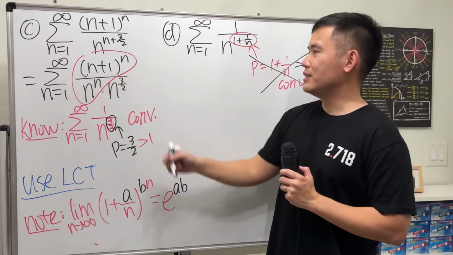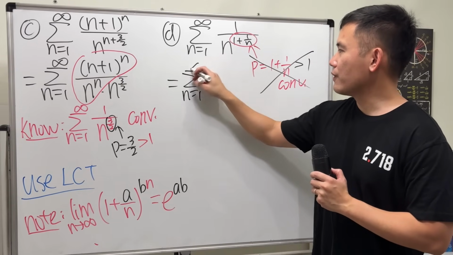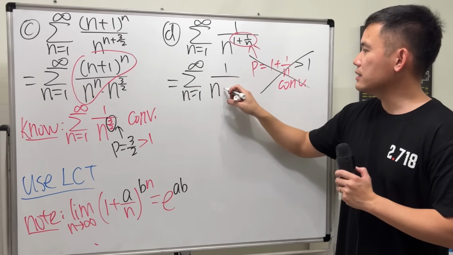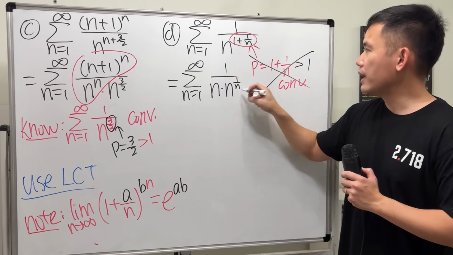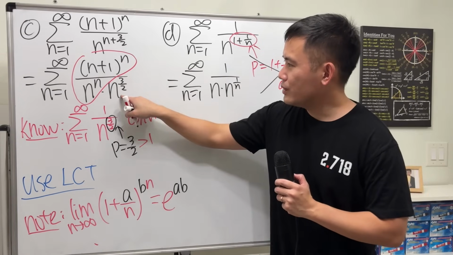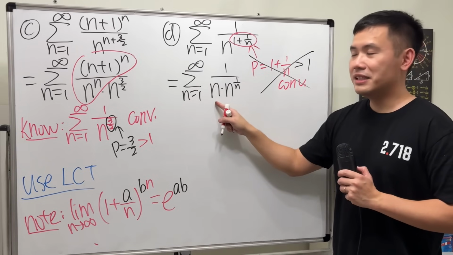So what do we do though? It's kind of similar to this right here. Write this as the series as n goes from 1 to infinity. Use the rule of exponents, write that as n to the first times n to the 1 over n. Now, earlier we looked at this part, that's why I told you we know this. Now we are going to look at this part.